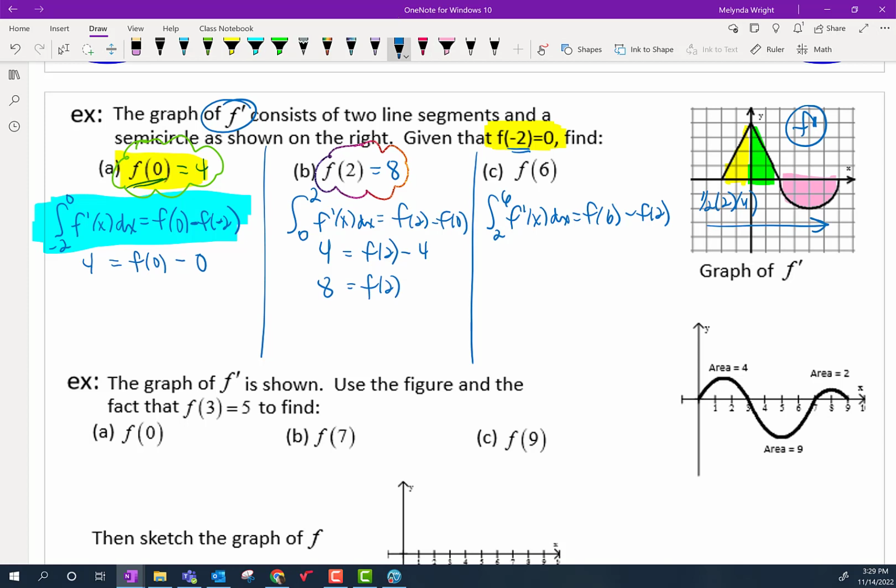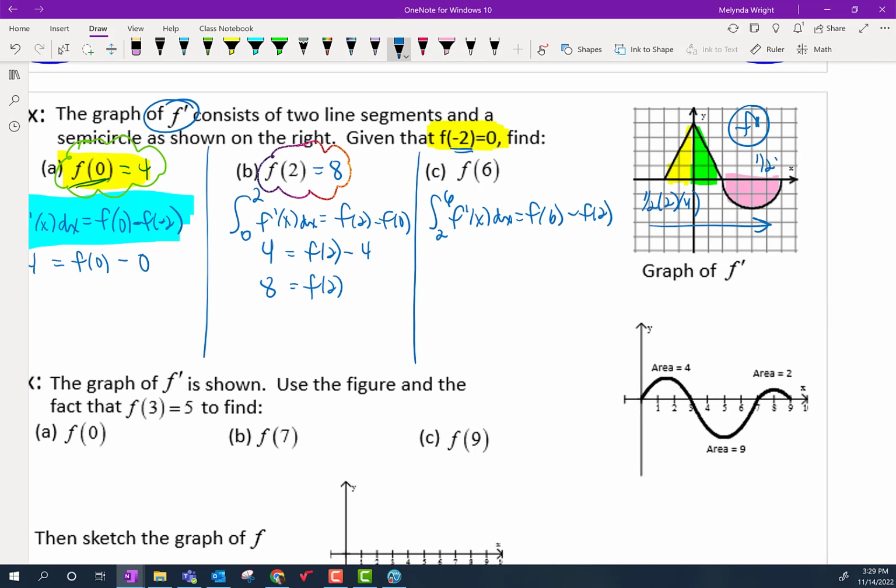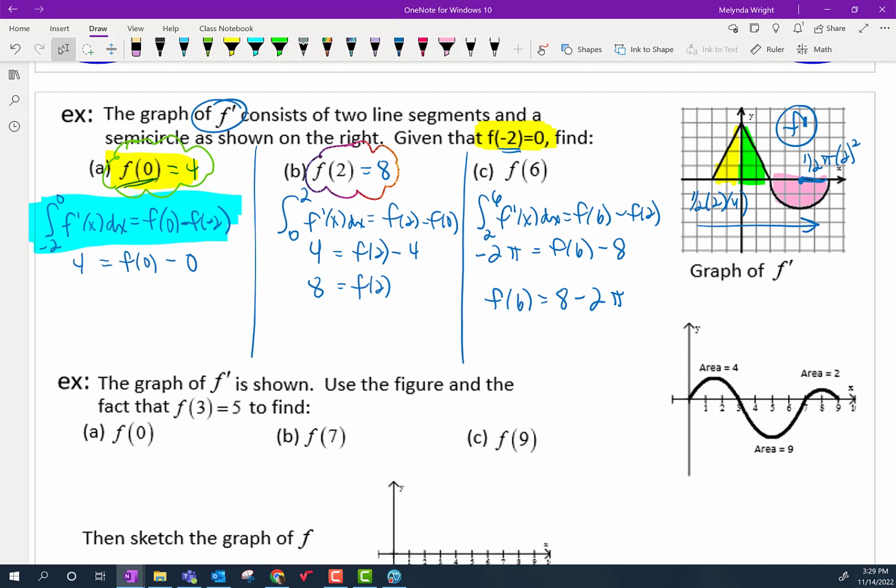So we know that's a half circle, so half pi r squared, so that area is negative 2 pi, equals f of 6 minus 8. So finishing this out, I get f of 6 is 8 minus 2 pi. And that's using the fundamental theorem in conjunction with a graph of the first derivative.